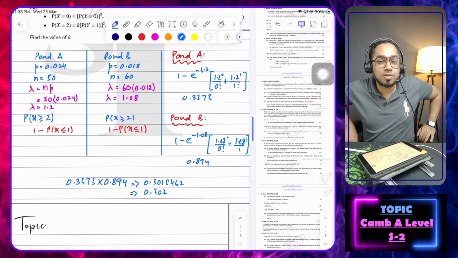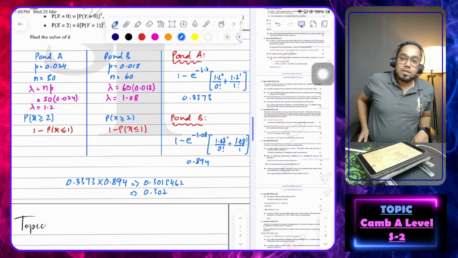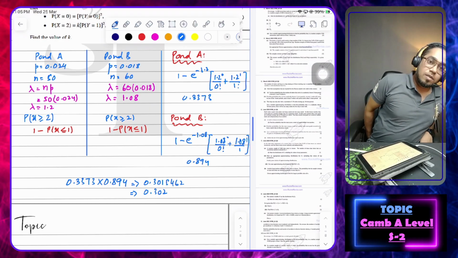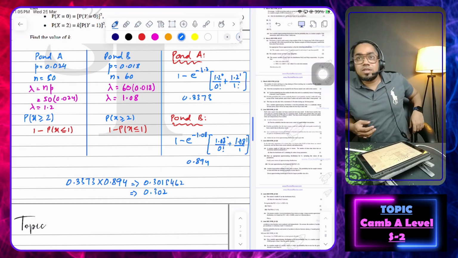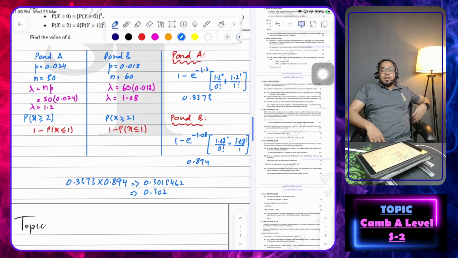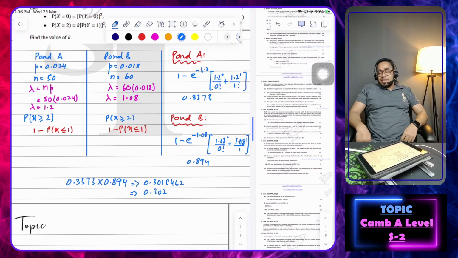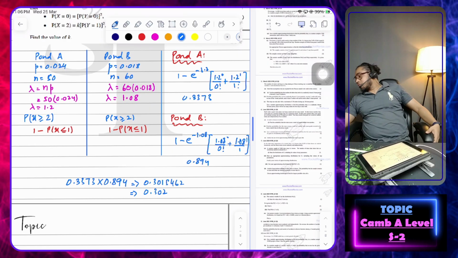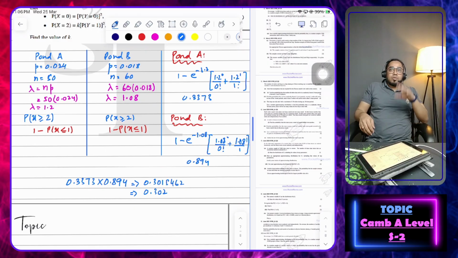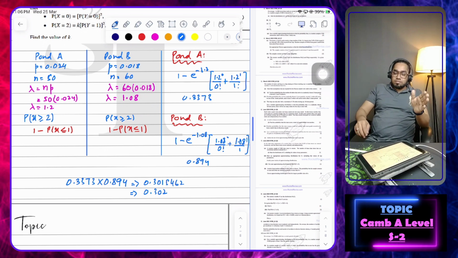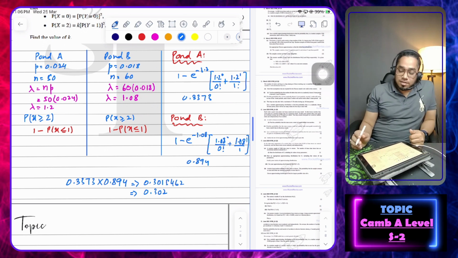At that time, yeah, S2 is exactly easier than S1 because there is no permutation and combination, and there are no tricky questions. You just follow the rules and the assumptions. That's the main important thing.